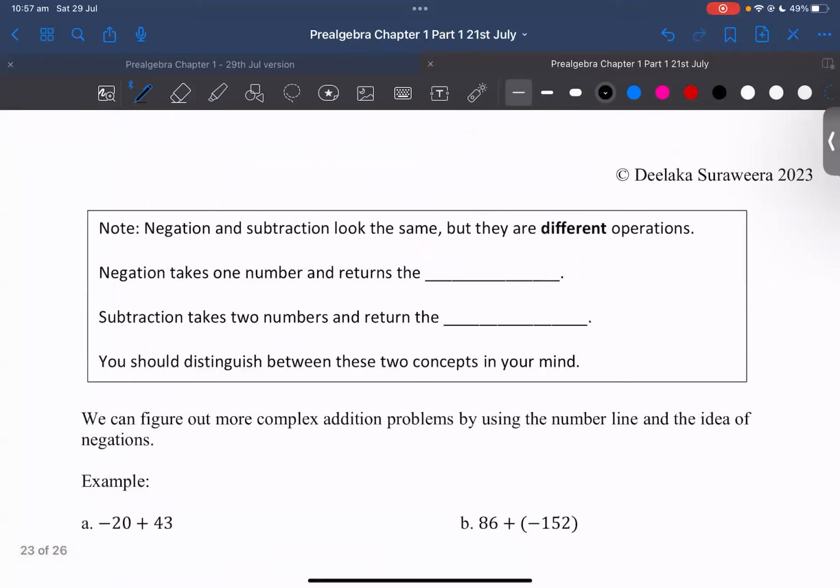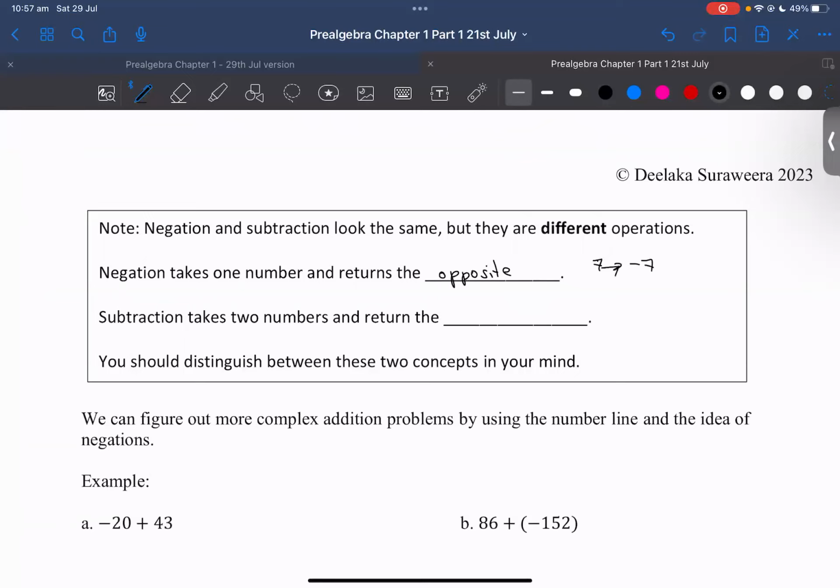All right. Negation and subtraction are slightly different, but we'll see how they're related later on. They look the same, but they're different operations. Negation takes a number and returns the opposite version. If you start with 7, it gives you negative 7.